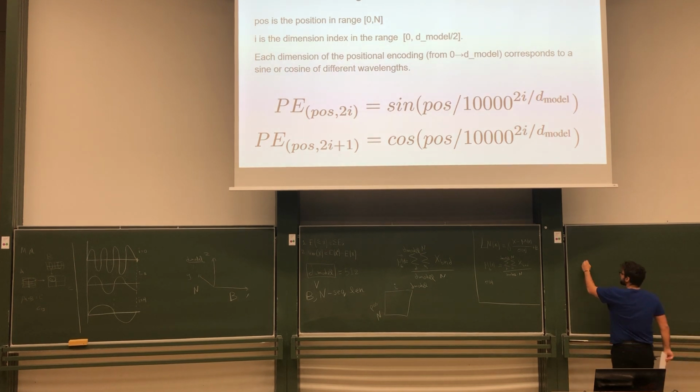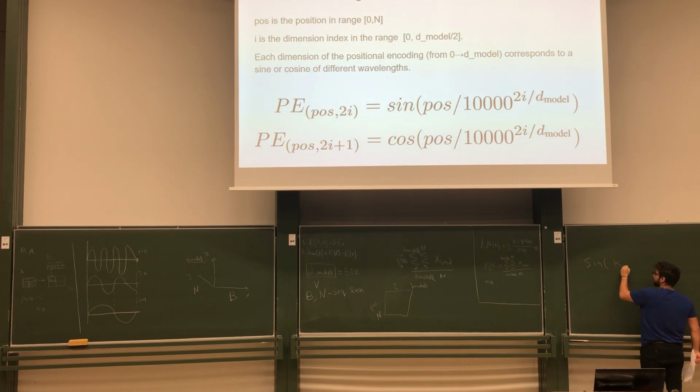When we have sine of, I don't know, k times position, the wavelength would be 2 pi divided by lambda. And here we have 1 divided by 10,000 to the power of 2i.